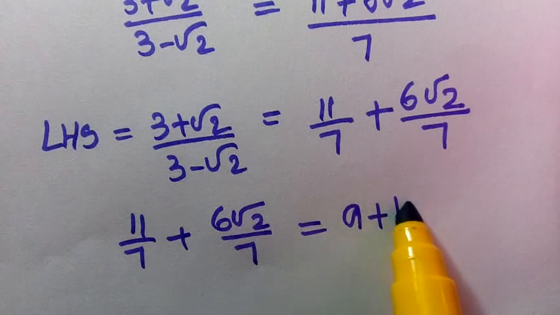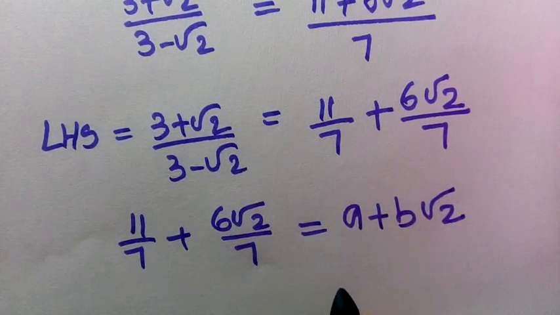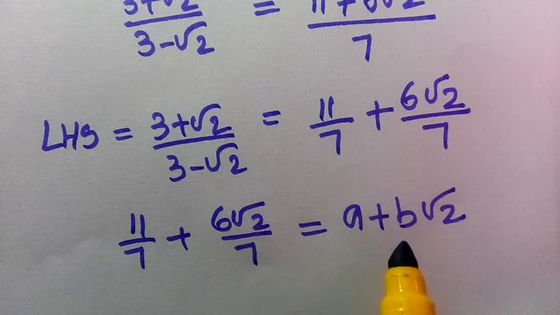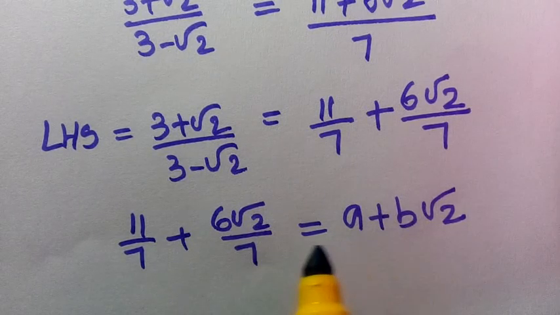RHS is a plus b root 2. Now you need to observe the LHS and RHS separately. You already know always the LHS is equal to RHS.